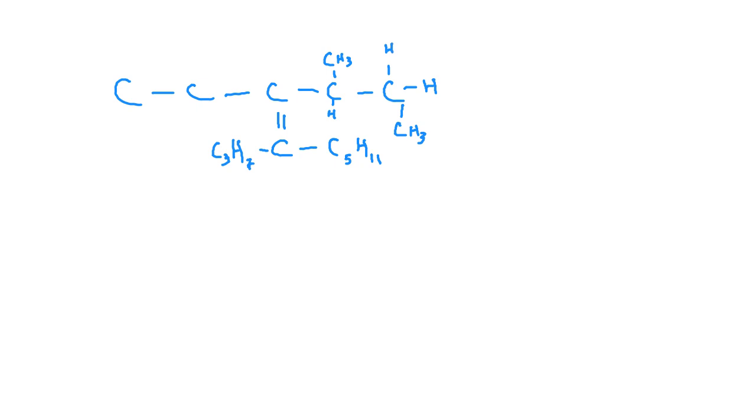Let's see, that's 2, 3, 4, 2, 3, 4. Good. I want to make sure I have the right number of bonds and everything connected. Remember, carbon must make 4 bonds.